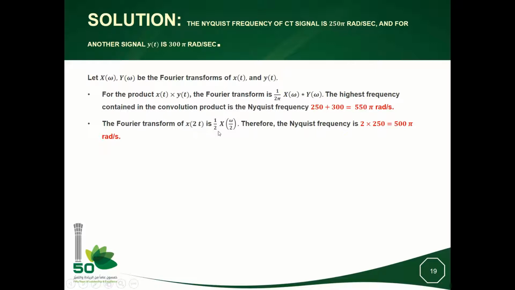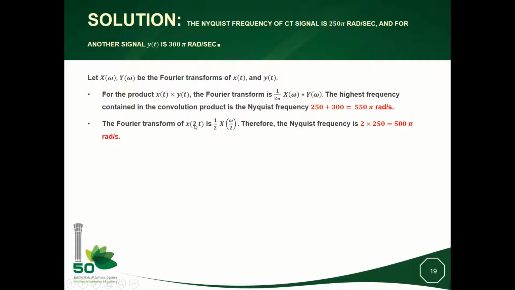To answer the next item of this problem, here we have a signal x(2t). I think it's the third item, but we have started with this one because the second one can be concluded from this basic question. So the Fourier transform of x(2t) is 1/2 X(ω/2).